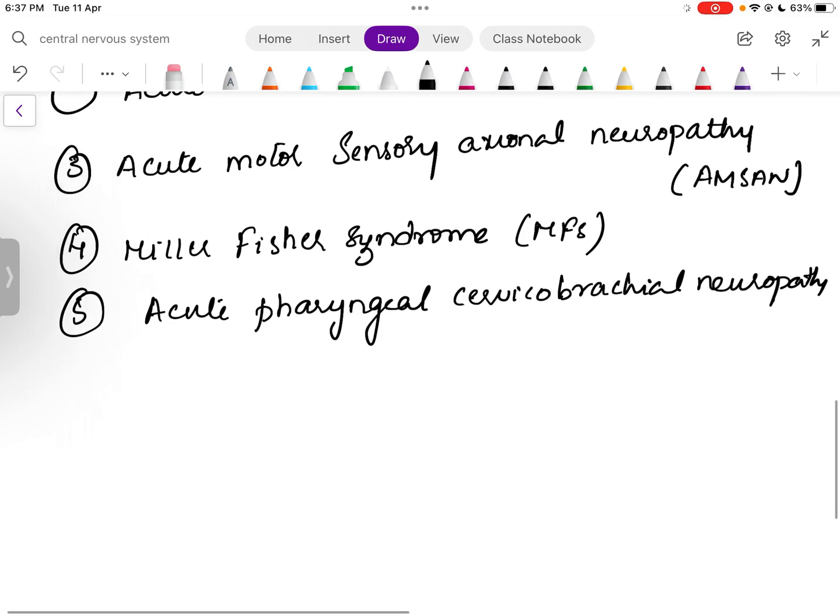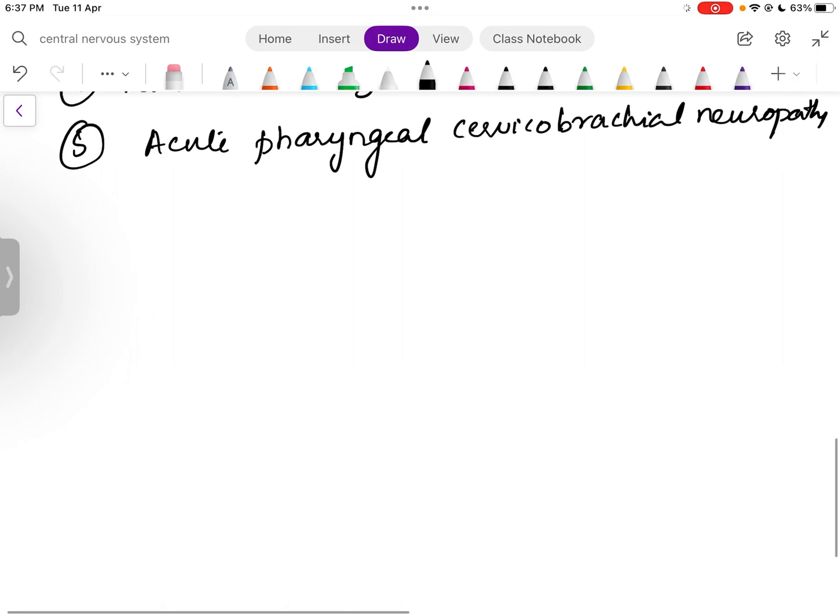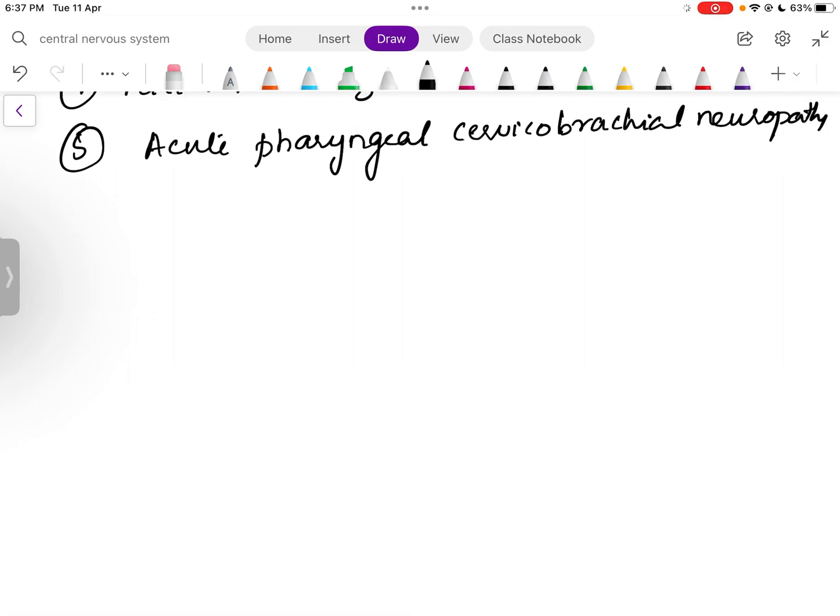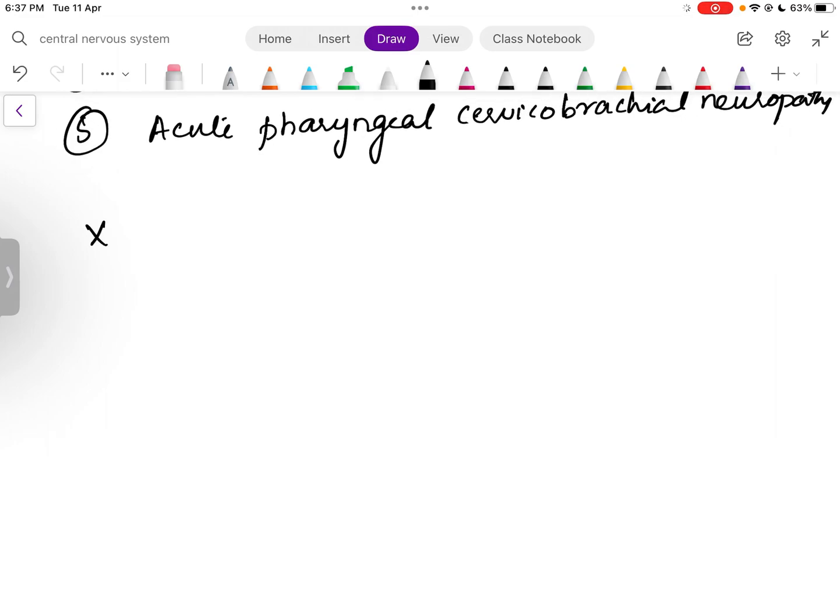Now, normally in the neurons we have gangliosides, and along with the gangliosides we have other glycoconjugates.